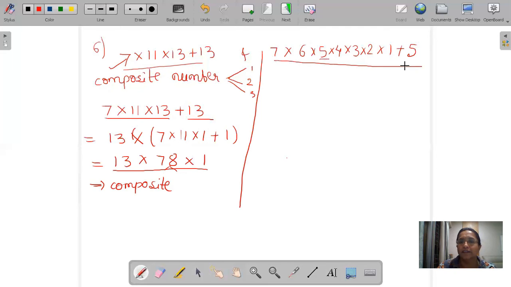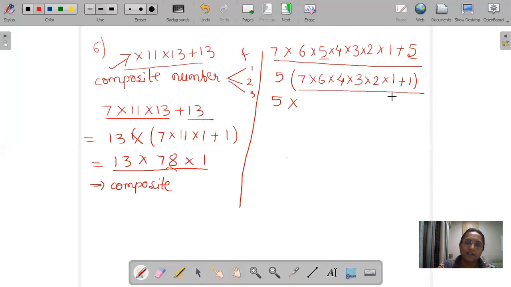Here again 5 is common in both the terms. I'll take 5 outside. In the bracket, what is remaining? 7 into 6 into 4, 3, 2, 1 plus 5. 5 outside I have taken, so 1. So 5 into, it is not even necessary to multiply this, because anyhow this will represent one number. And I'll add one more, that is into 1.